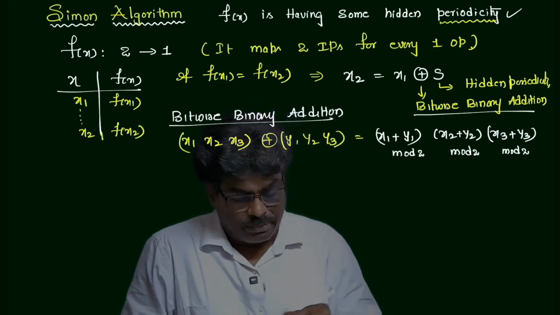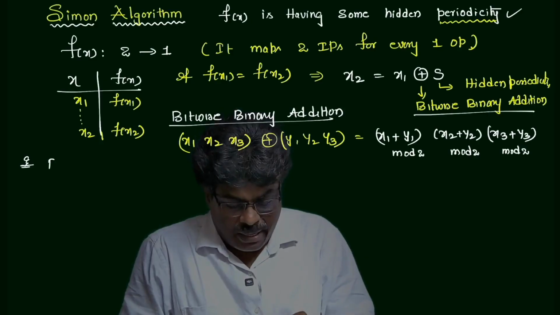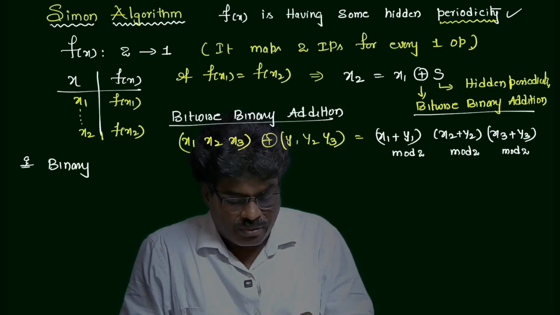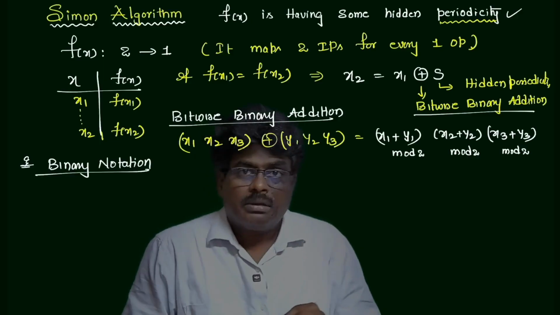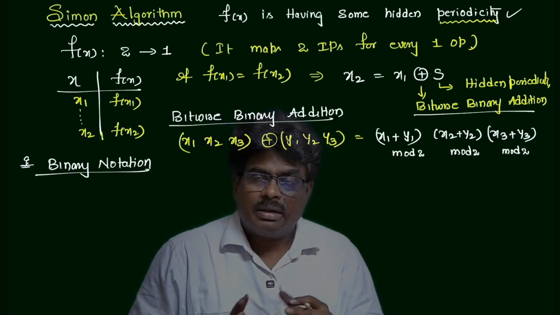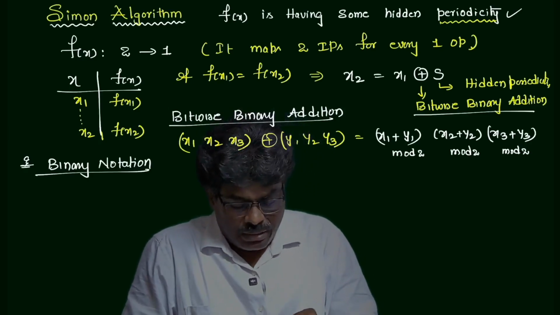Let us take an example. First I am taking binary notation. What I found is we can do this algebra using decimal notation also, but let me explain binary notation first.